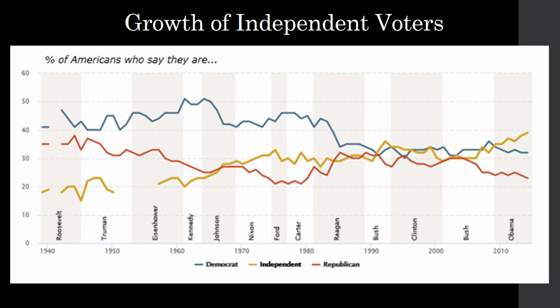The reality is a good chunk of these independent voters are leaners, meaning they tend to lean more Democratic or more Republican, meaning they vote in ways that are more consistent with the Democrat or more consistent with the Republican, even though they may want to call themselves independent.